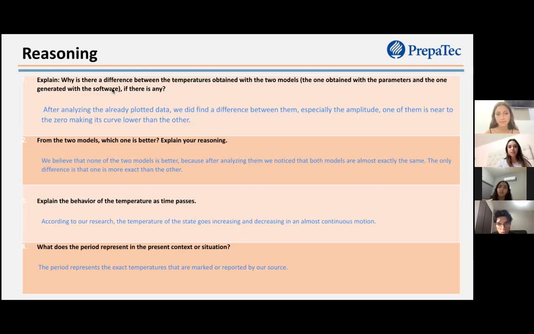The only difference is that one is more exact than the other one. And according to our research, the temperature of the state goes up and down in an almost continuous motion. And the period represents the exact temperatures that are marked or reported by our source.